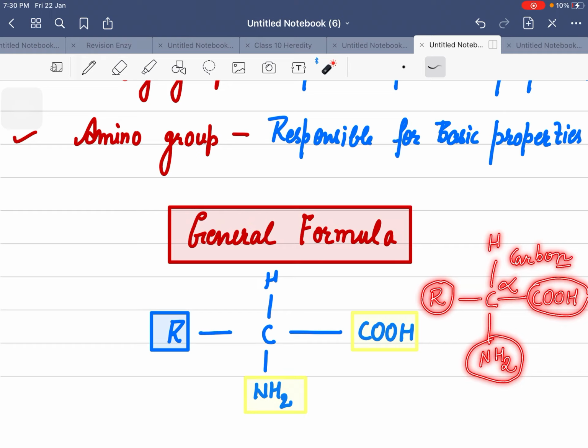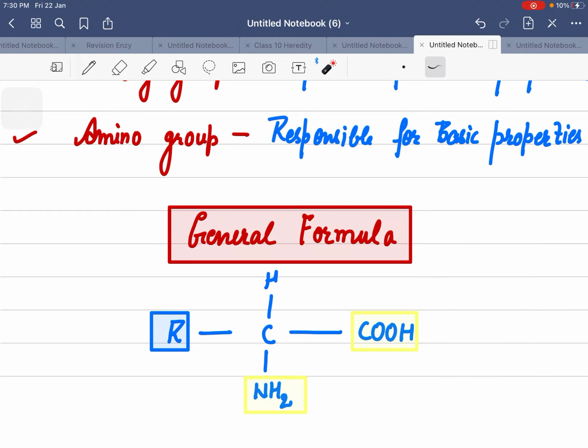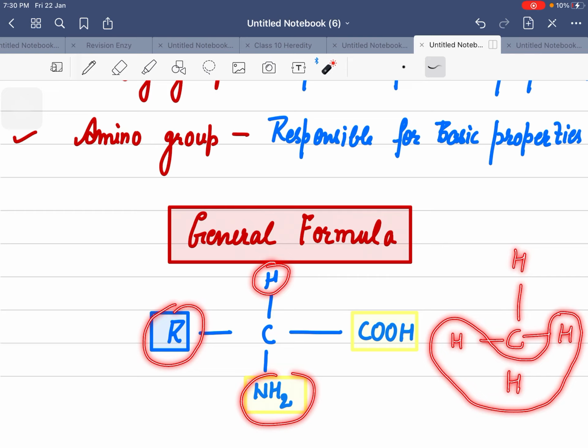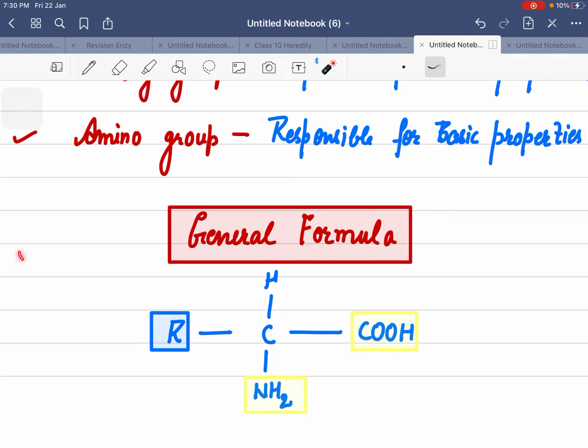All the groups are present on the first carbon. They are substituted methanes because methane is CH4, and here the H's are replaced by the carboxyl, basic, and variable R group.